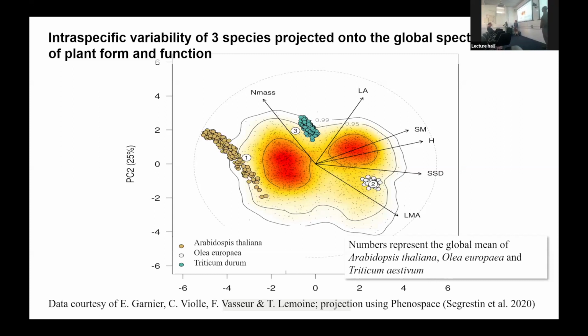The lianas, I mean, we do have some lianas in the global data set, are, on average, super acquisitive. You know, they don't have to spend any resources in support. So they are here. Depending on who they are, some of them, like the woody lianas are here.